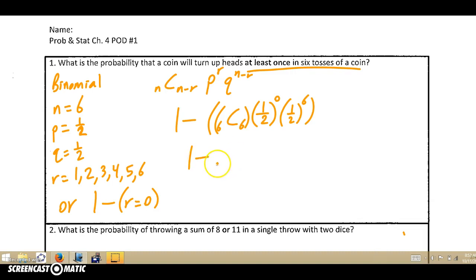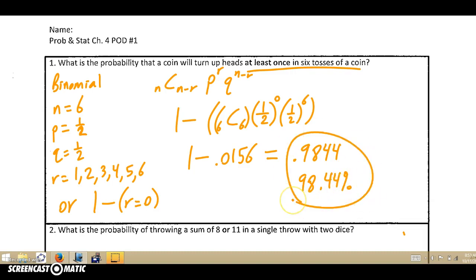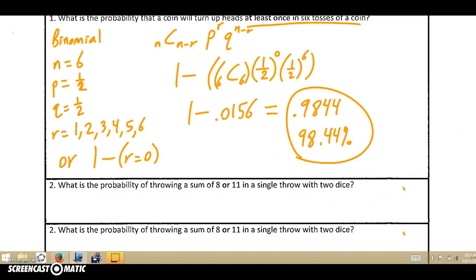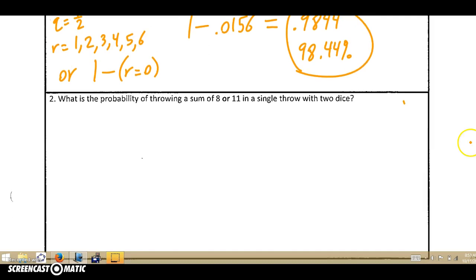Again, I'm not showing you how to do that here. If you have questions, I can help you in the morning. You get 0.0156. And then you subtract from 1, and you get 0.9844 or 98.44%. Either one.